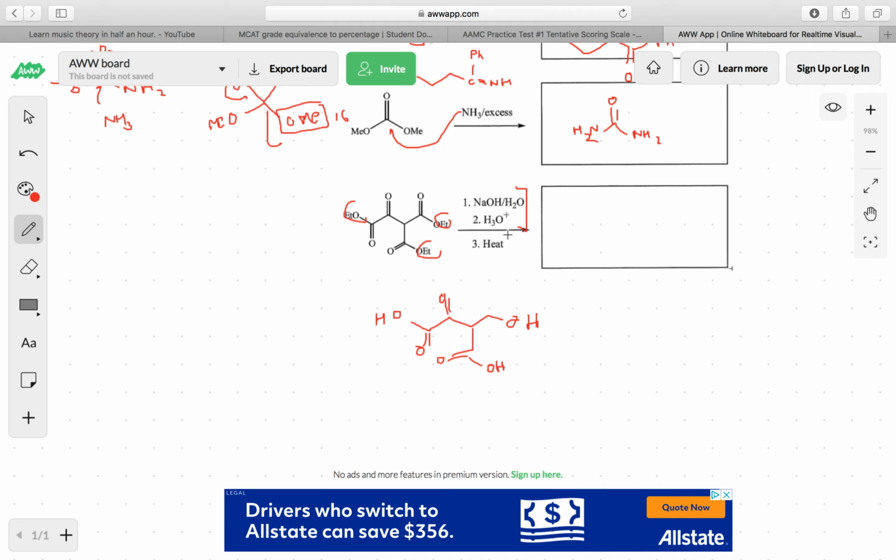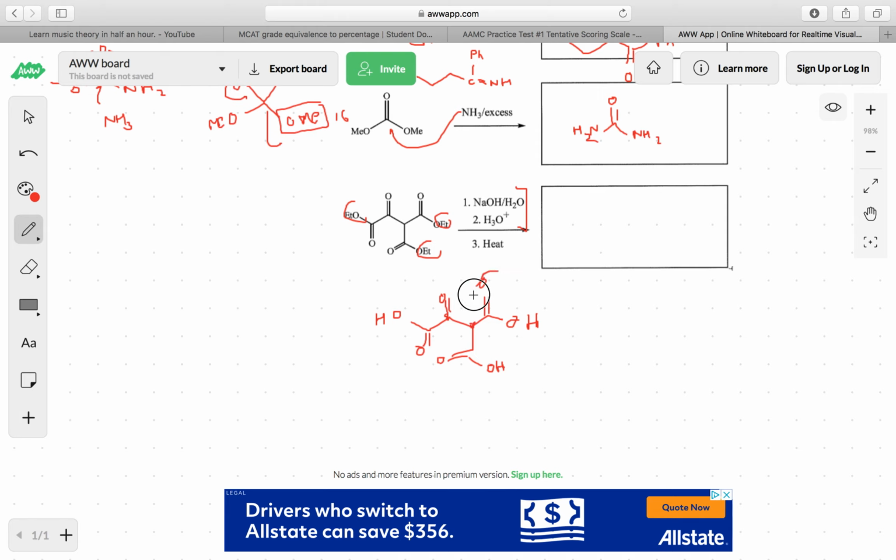Now you have heat, so you can decarboxylate anything that's beta. So let's look at this ketone over here. These guys are alpha, they're not beta, so you can't decarboxylate this guy. However, oh whoops, forgot to put this here. These two can decarboxylate because they're beta to each other, and so can these guys.